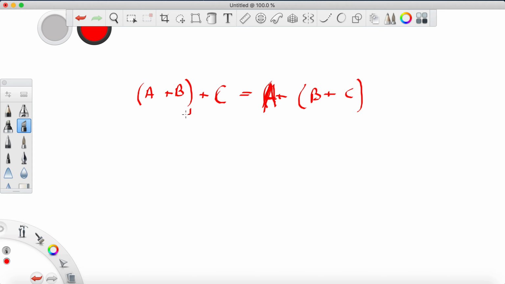So I can do the addition on A and B and then add C, or I can do B and C and then A, and it's all the same. A short way to think about this is that I don't have to write the parentheses, assuming, of course, there's no scalar multiple to be distributed through.